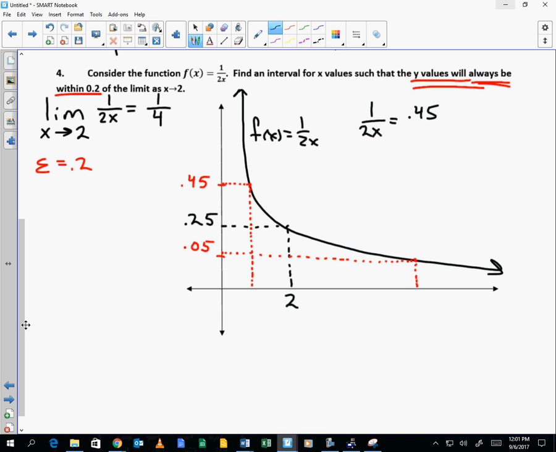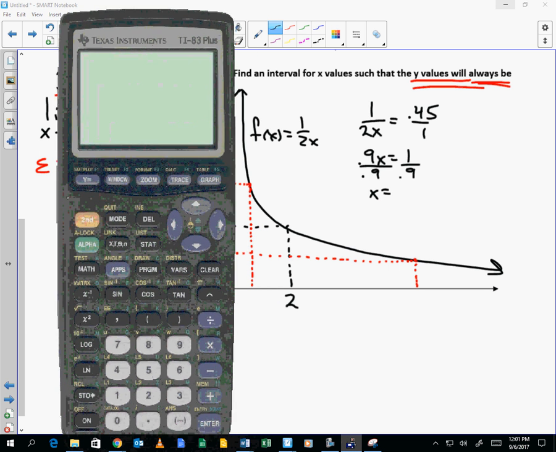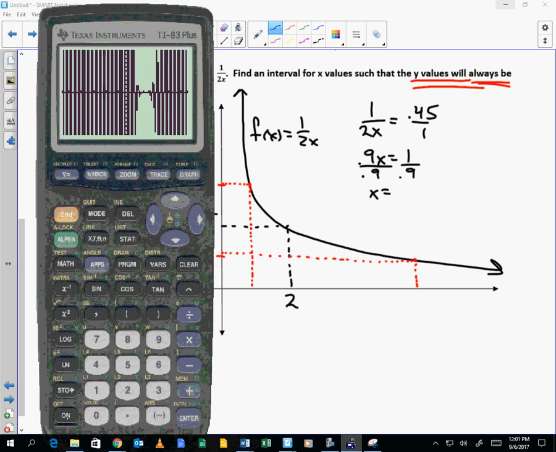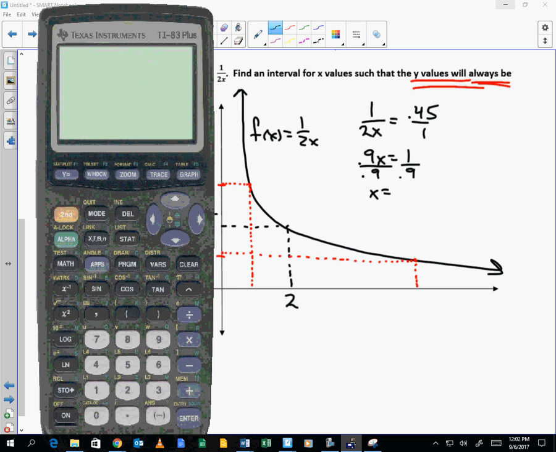How do we find x? Cross multiply. 2x times 0.45 is going to be 0.9x. What is 1 divided by 0.9? 1.111, right? 1 divided by 0.9.